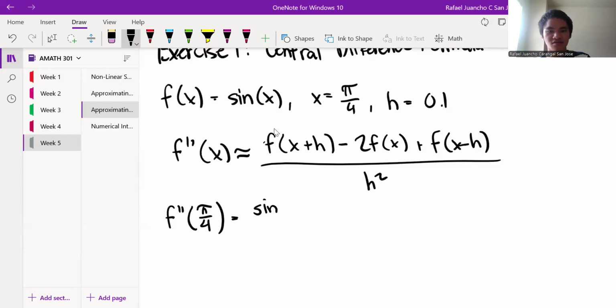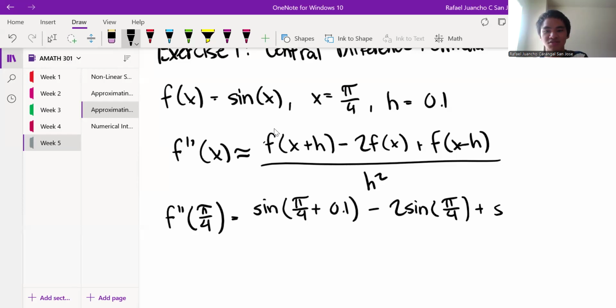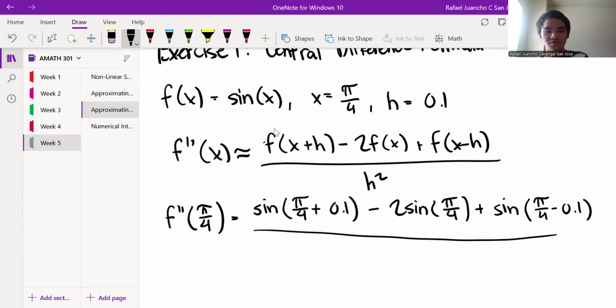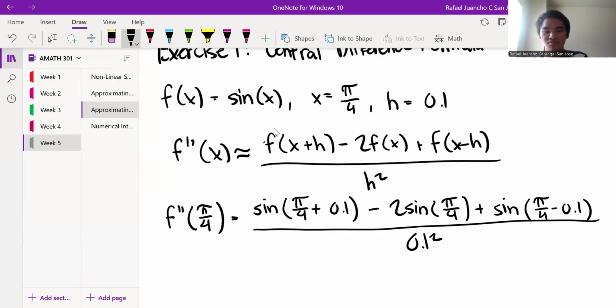So this is my sine of pi fourth plus 0.1 minus 2 of sine pi fourth plus sine pi fourth minus 0.1 all over 0.1 squared.